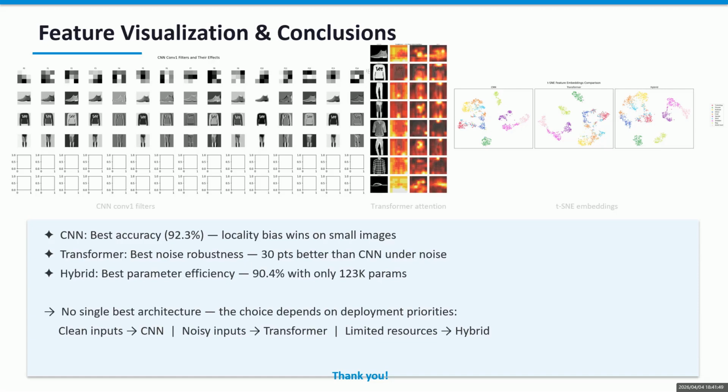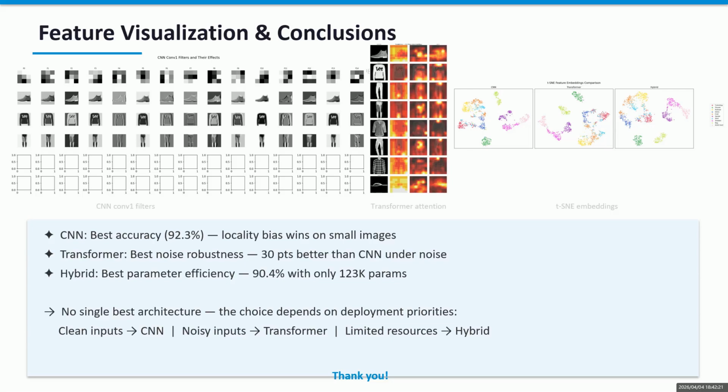In the early layers, attention is spread out everywhere, but in the deeper layers, it focuses on meaningful regions like necklines on shirts and soles on shoes. On the right, the t-SNE plots project each model's internal features into 2D. The CNN produces the tightest and most separated clusters, which explains its highest accuracy. The transformer's clusters are more spread out, and the hybrid falls somewhere in between.